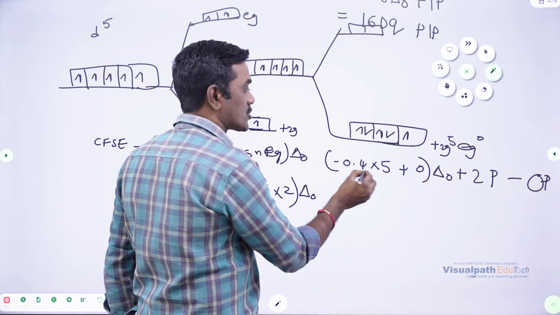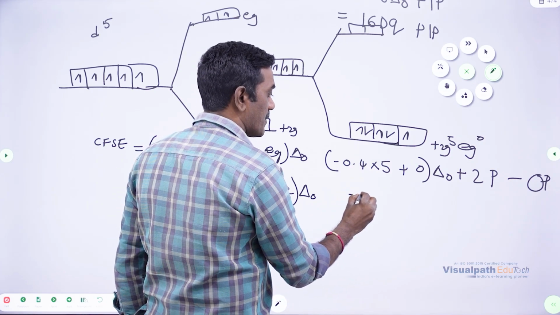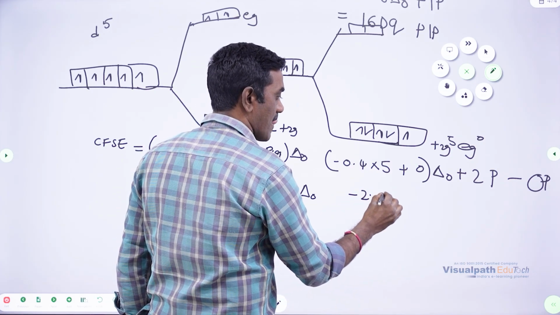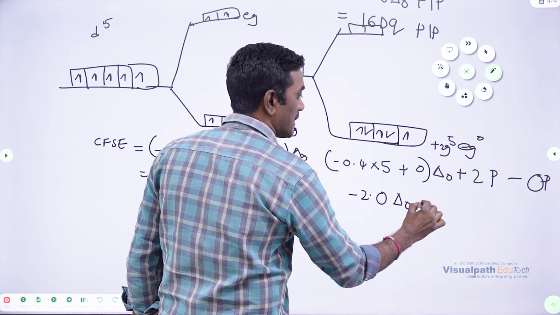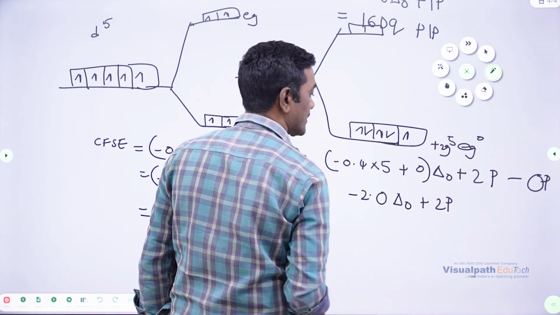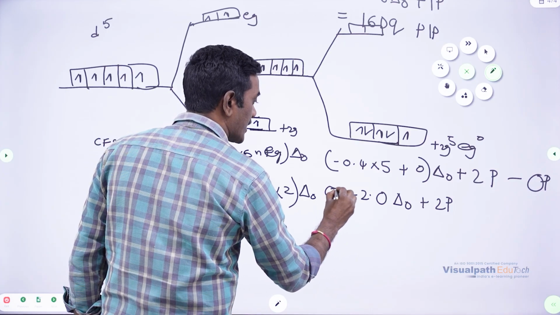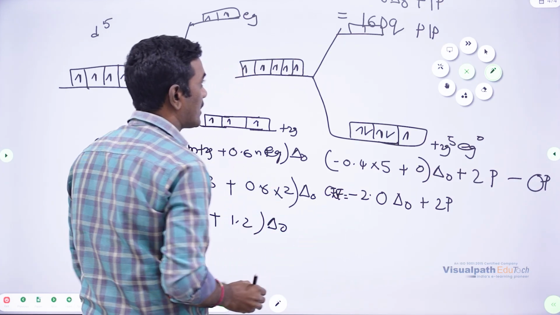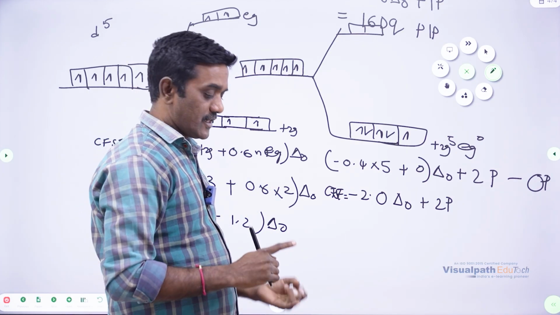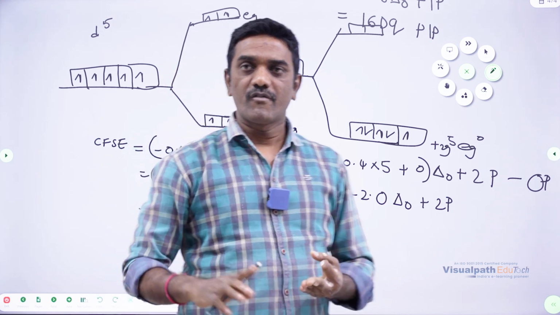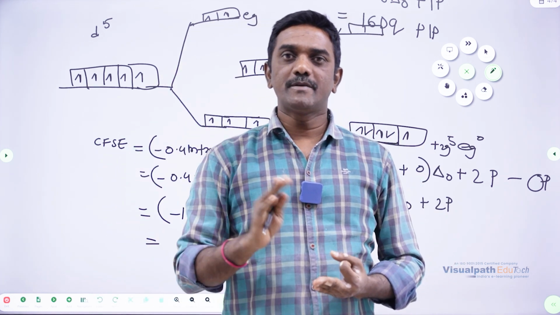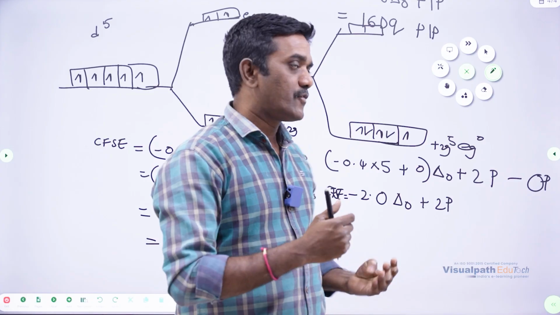Right? And so it is going to be 5 4s are 20, minus 2.0 delta naught plus 2 pairs. So this is going to be the CFSE for the d5 configuration. For d1, d2, d3, whether it is high spin or low spin, it will be the same. d4 we have seen already.